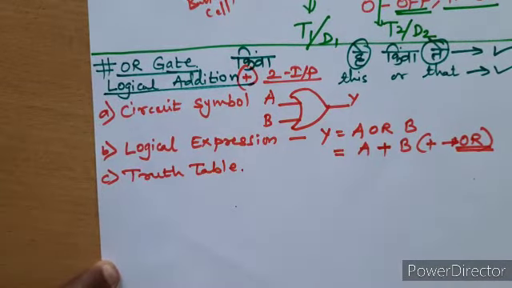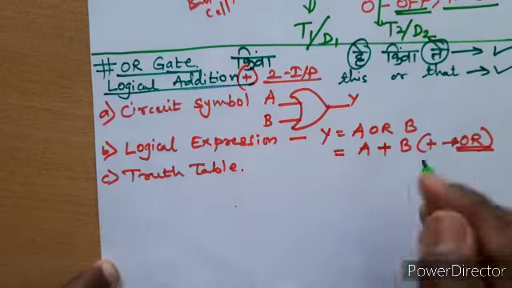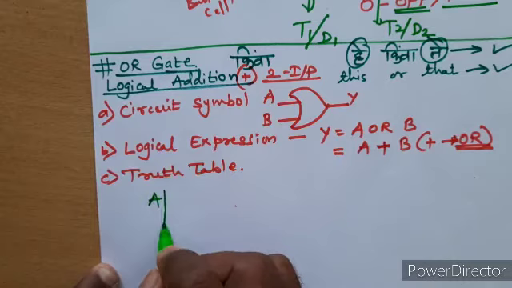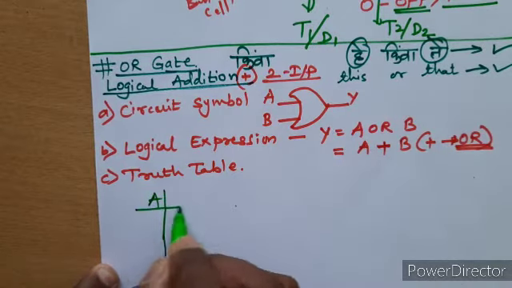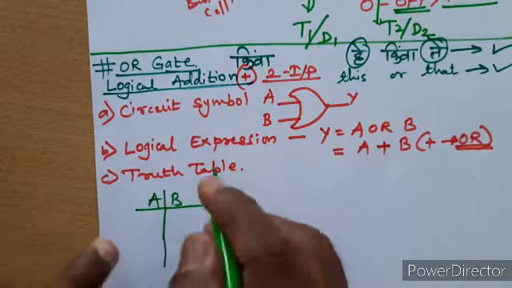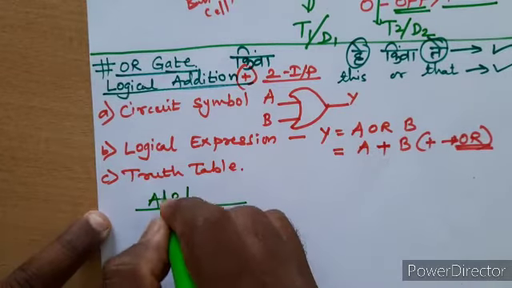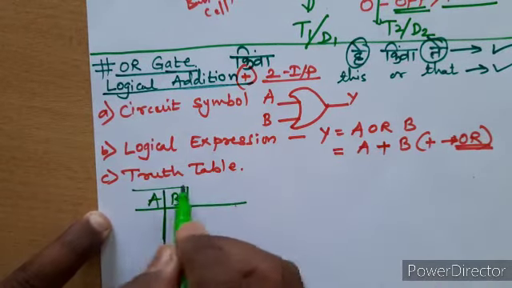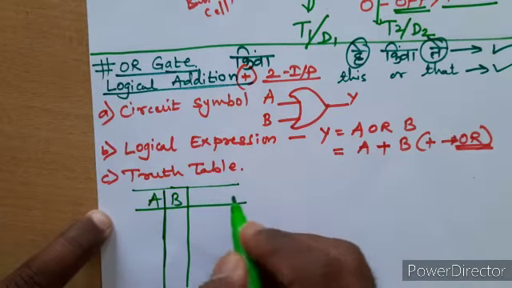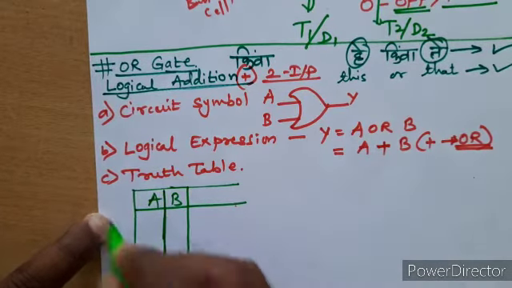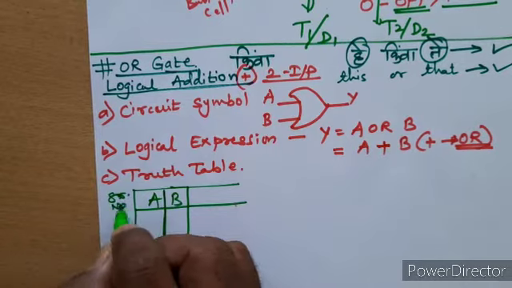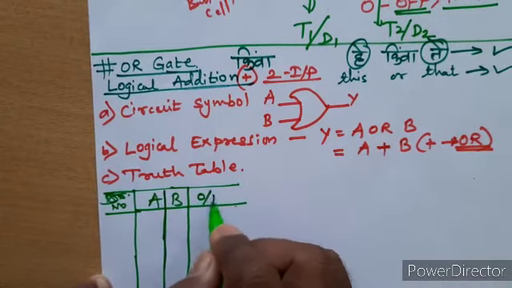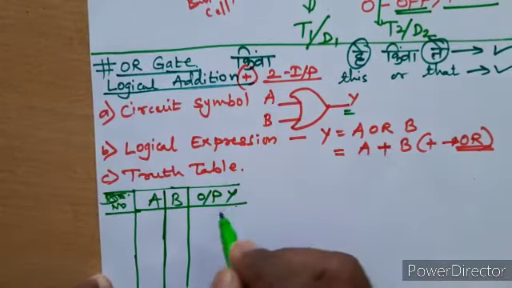We can construct the truth table very quickly. So this is A. Bear with me for my table. Last time I used the scale, but here I am just drawing a freehand sketch. And you can say serial number or decimal number, and this is output Y.